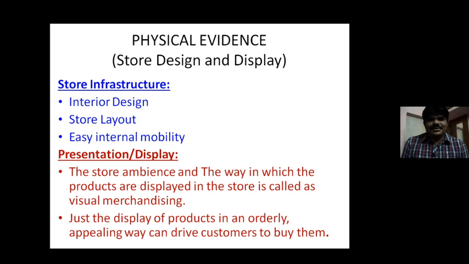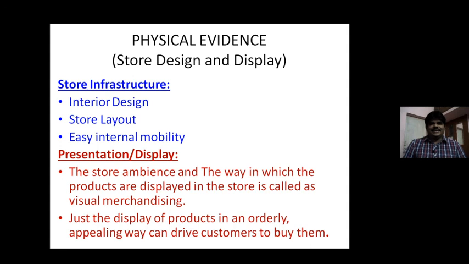And also the store ambience must be good. The customer should feel happy whenever they are shopping inside the retail outlet. They should carry a good experience. Just the display of the product in an orderly appearing way can drive the customers to buy them. So the way you display the products to the customer will also motivate the customer to purchase the product.